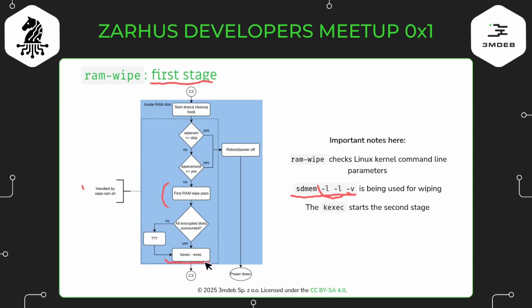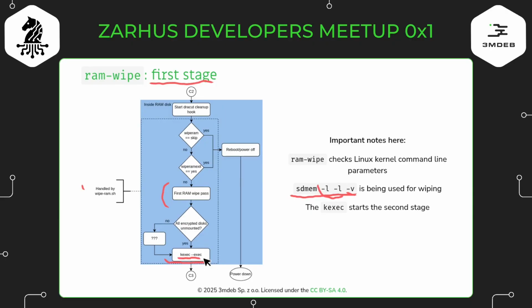Kexec execute will fail if, previously during boot, RAM wipe decided that no, we are not executing, for example, the second stage, because kexec execute, exactly this command, is dependent on kexec load.